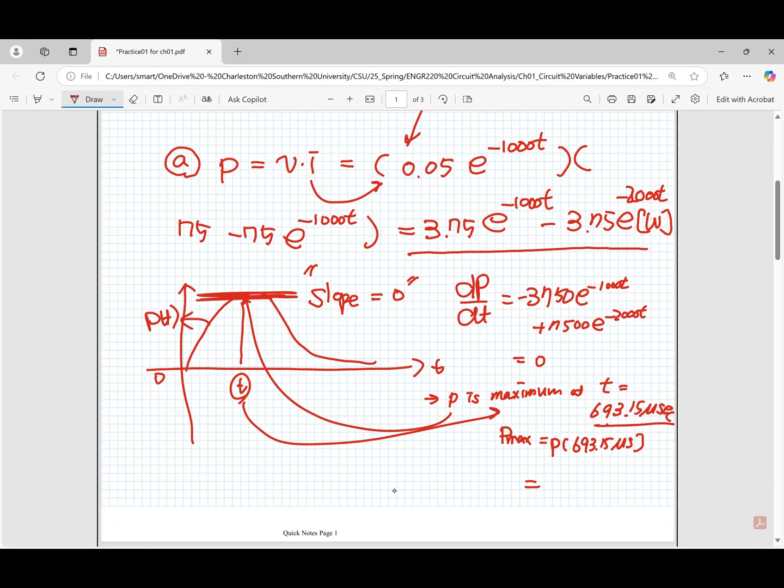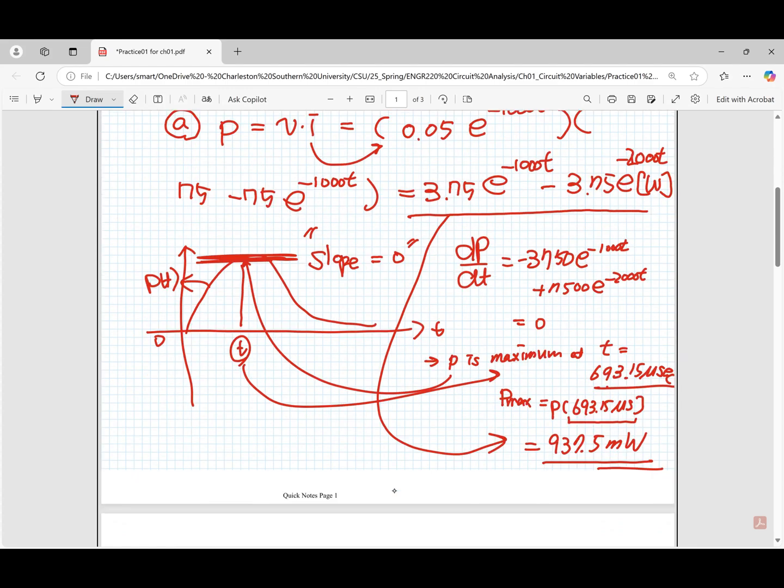What is the p function? Right there. In here, we put the value of t in seconds, and finally we get 937.5 milliwatts.